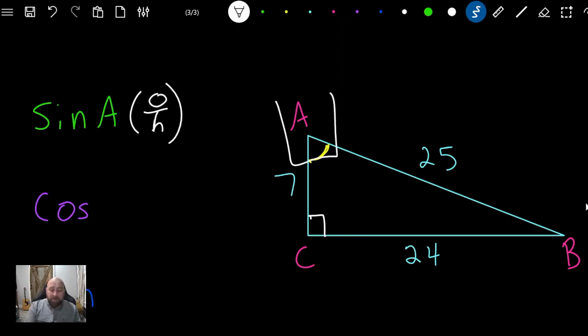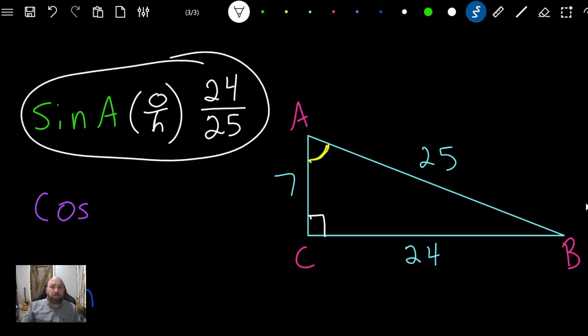What's the opposite to the reference angle? Opposite to the reference angle is this side right here, 24. So we're going to put 24 over, what's our hypotenuse? Well, our hypotenuse is opposite the right angle, so our hypotenuse is 25. So the sine of angle A is 24 over 25.